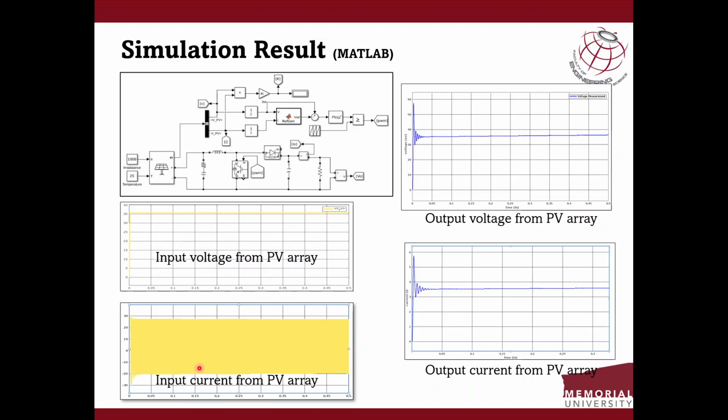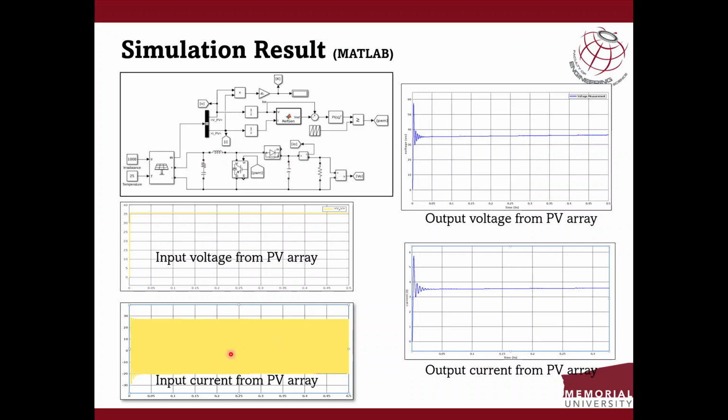The input current is a bit higher because we add multiple PV panels in parallel connection. In parallel connection, the voltage stays the same and the current is higher. So we have to match the total output voltage with our solar pump.